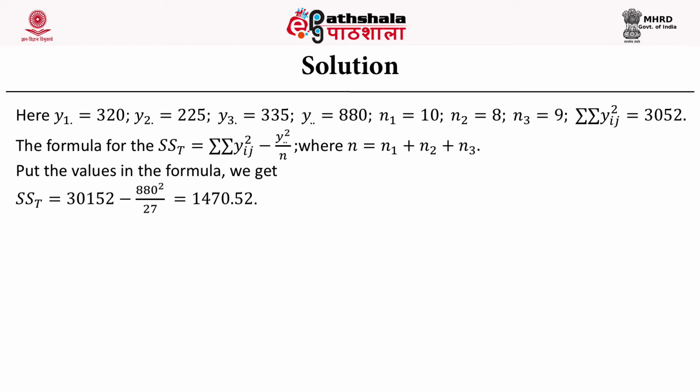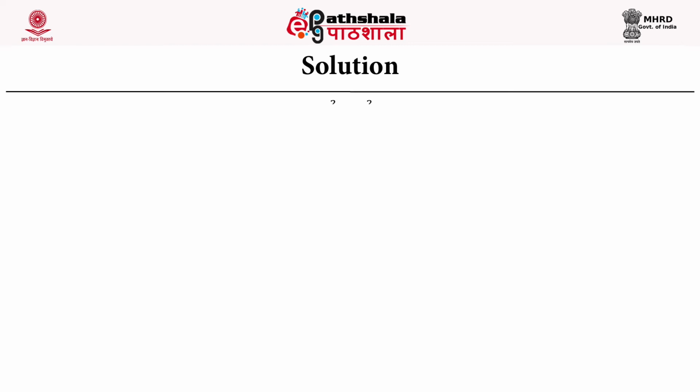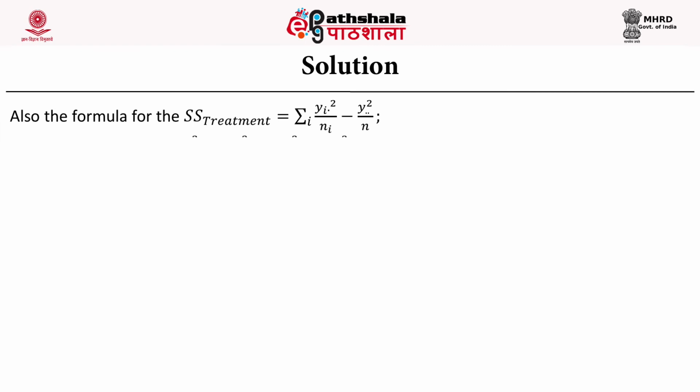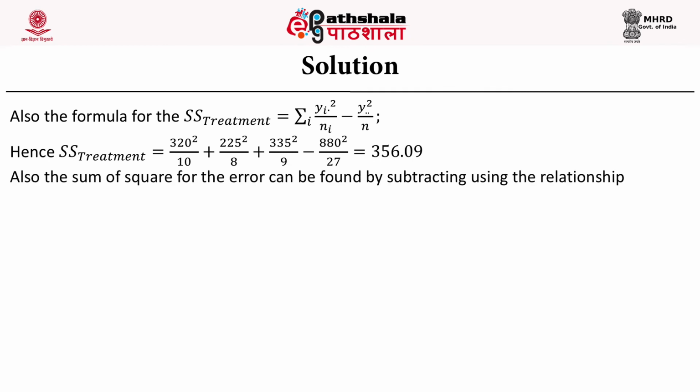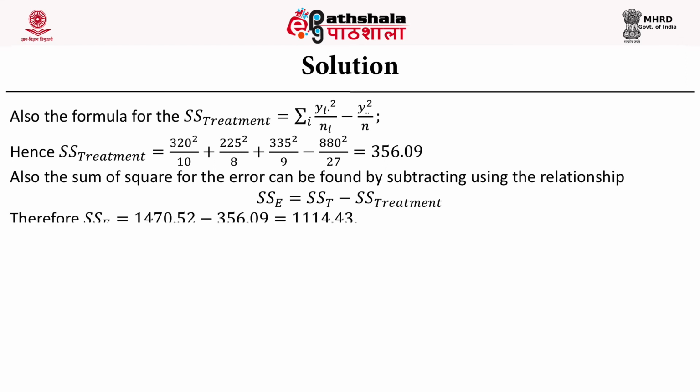So after putting in the values you will get the sum of squares of total, which comes out to be 1470.52. Also the formula for the sum of squares of treatment is equal to the summation of yi dot square upon ni minus y double dot square upon n. Hence the sum of squares of treatment, after putting in the sums and squaring them divided by the number of observations, we get the result as 356.09.